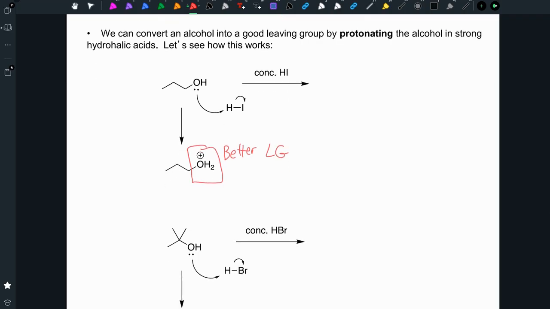One thing to note, this step is definitely reversible. So that protonated alcohol is not going to stay in that protonated state all the time. So when we protonate, if we want to use protonation as our method of making an alcohol a better leaving group, we need to have something in the solution for it to react with right away. We can't say add H plus and then try and add another reagent.